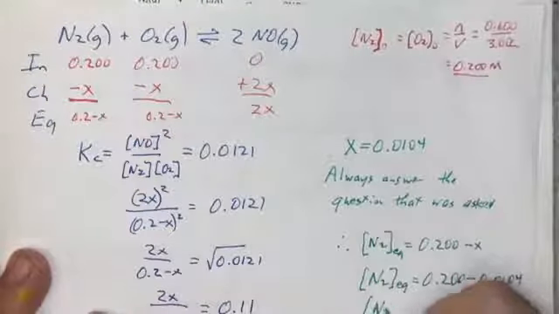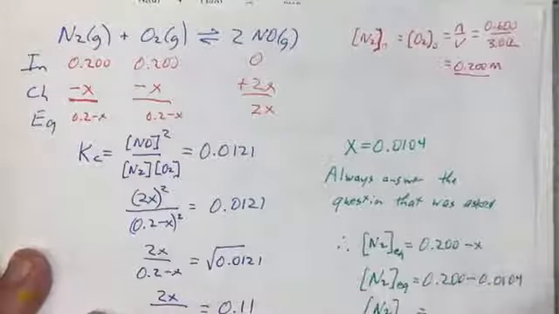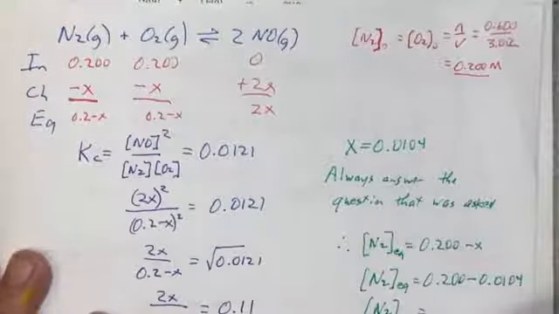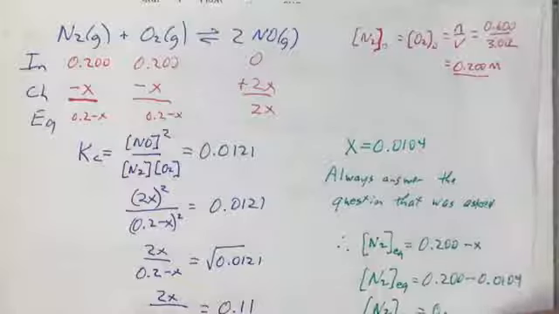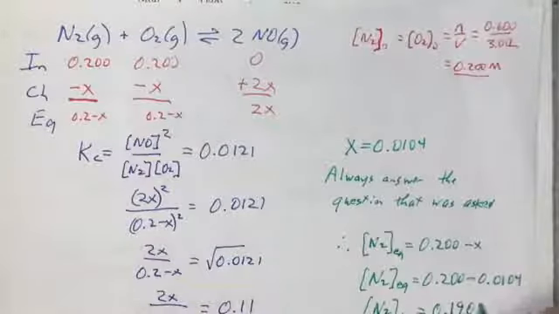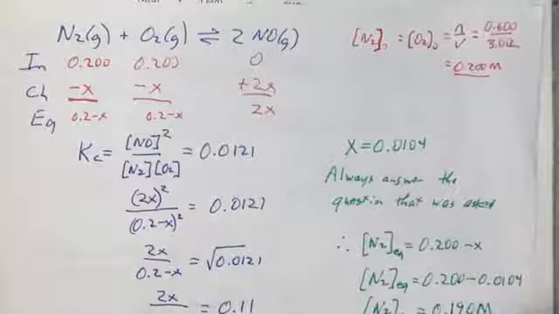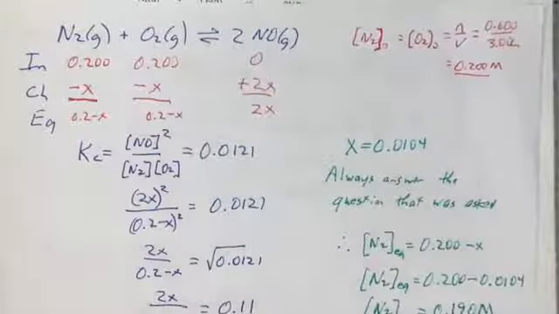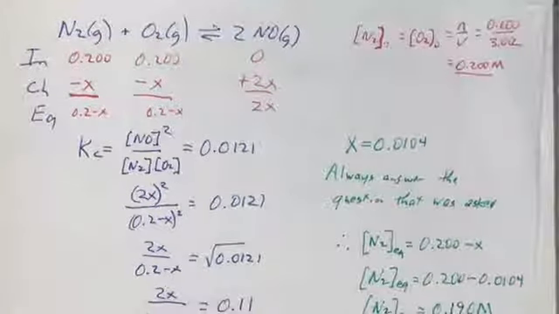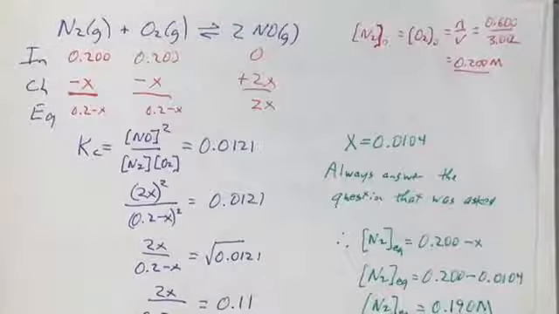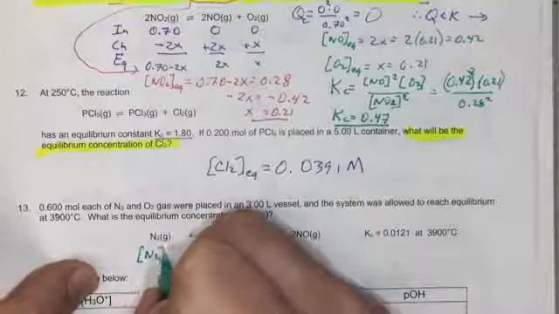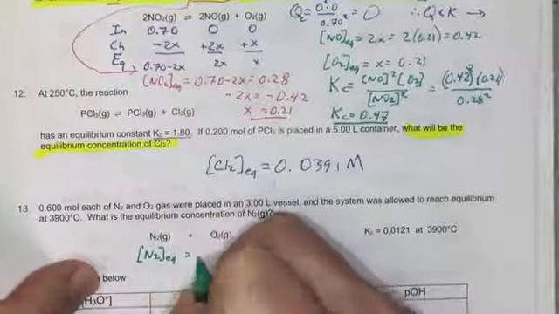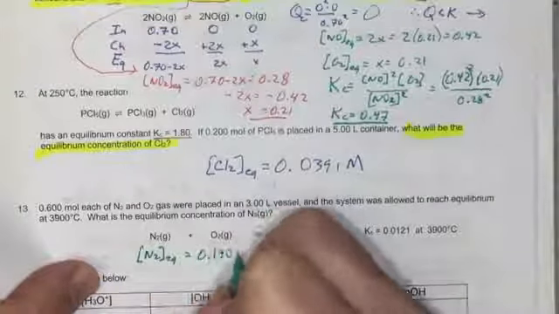And the concentration of nitrogen at equilibrium calculates out to be 0.190 moles per liter. So that's what the question asked for. So we use the ICE table, and the concentration of nitrogen at equilibrium is equal to 0.190 moles per liter.